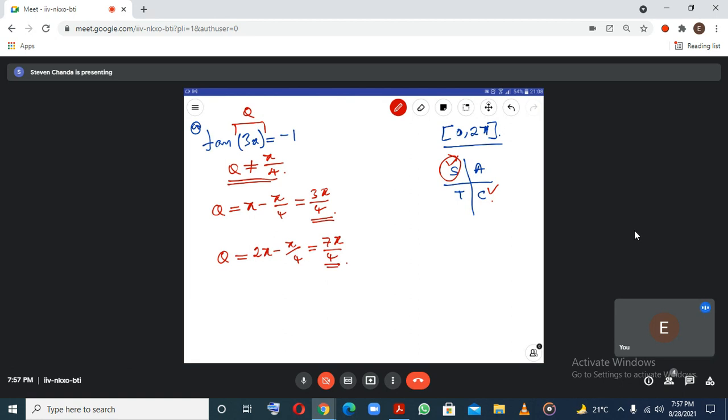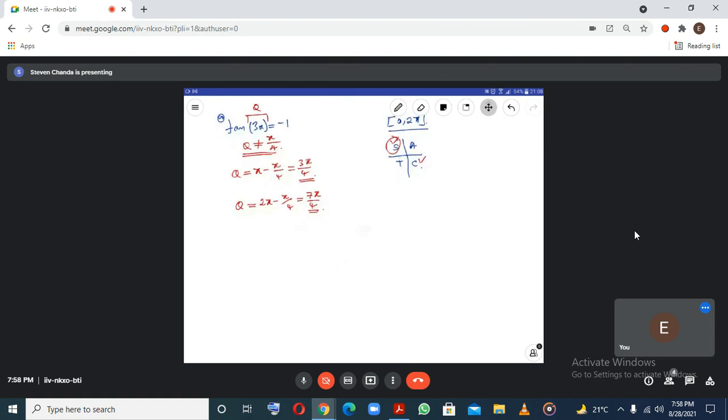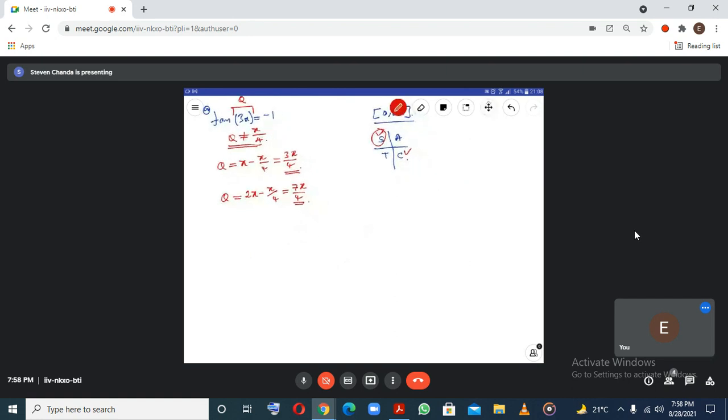So what you then want to start doing, and this is where I wanted to do this question, is to solve for 3x. We want to solve for x, right?